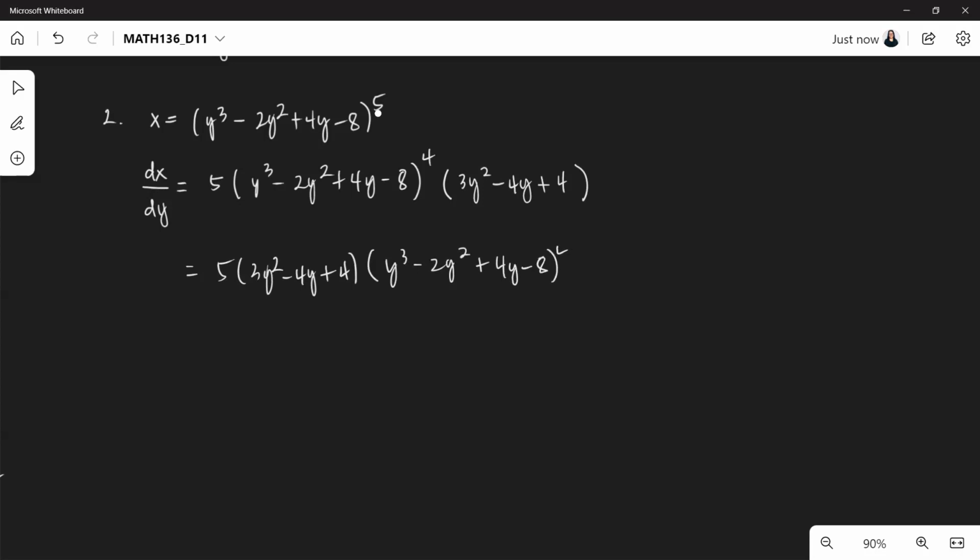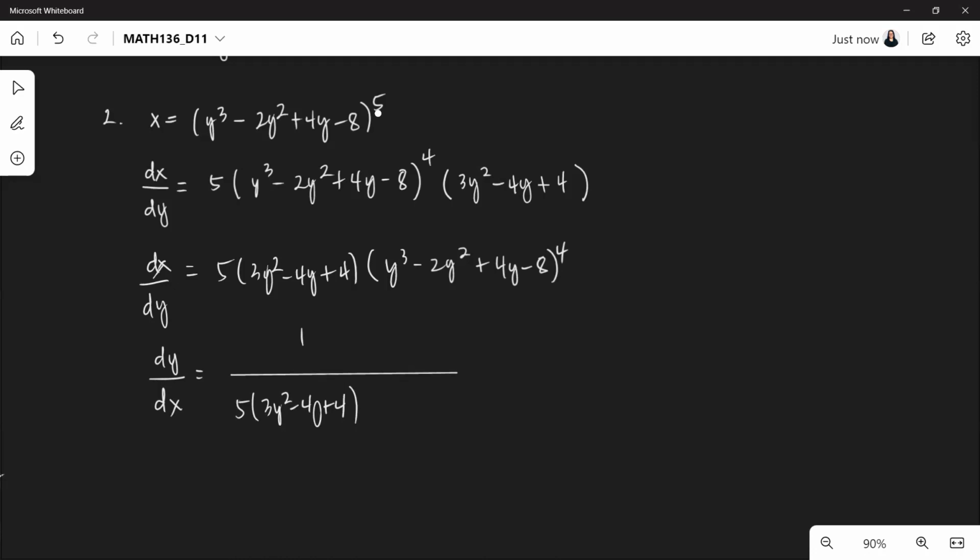This is the derivative of x with respect to y. If we want to solve for the derivative of y with respect to x, just get another reciprocal. So just copy everything. This is already the final answer.